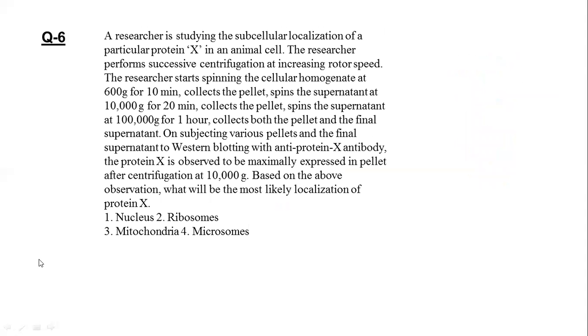A researcher is studying the subcellular localization of a particular protein X in animal cells. The researcher performs several centrifugations at increasing rotor speed. First, spin the cellular homogenate at 600 G for 10 minutes and collect the pellet. Spin the supernatant at 10,000 G for 20 minutes, collect the pellet, and spin the supernatant at 1 lakh G for 1 hour.